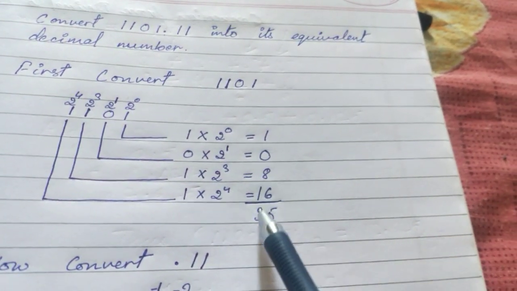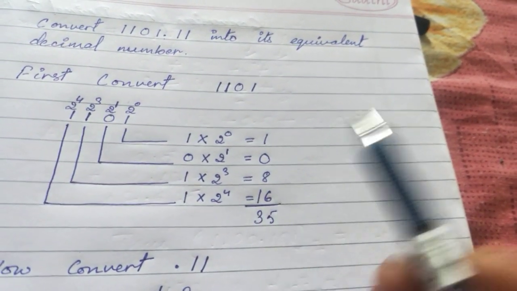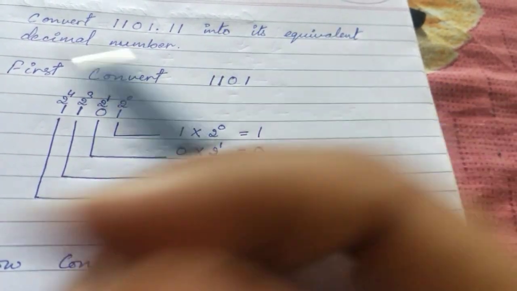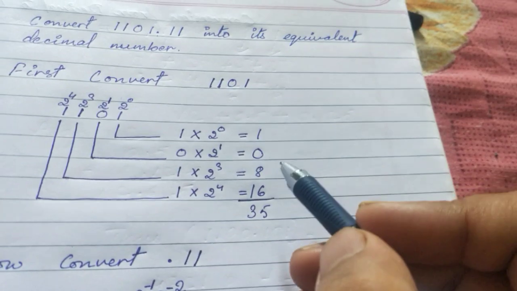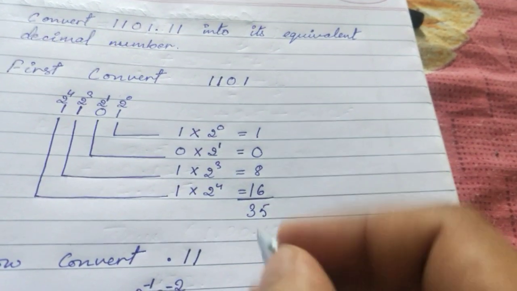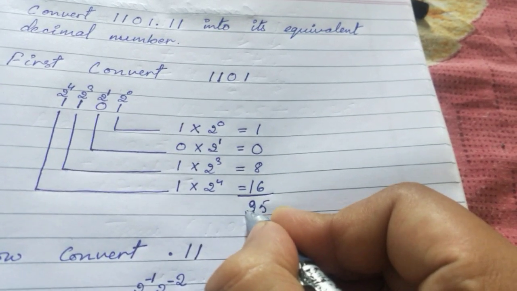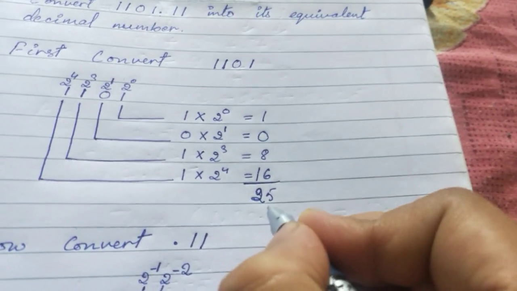Now you will add this up: 8 plus 4 plus 0 plus 1 gives 13. Sorry, I have written a wrong number here earlier.